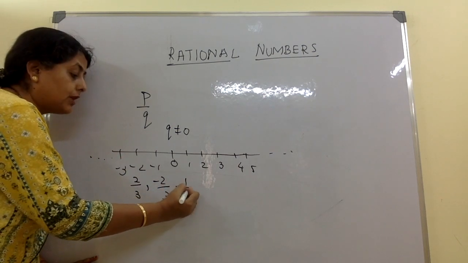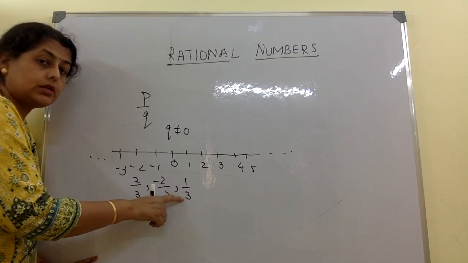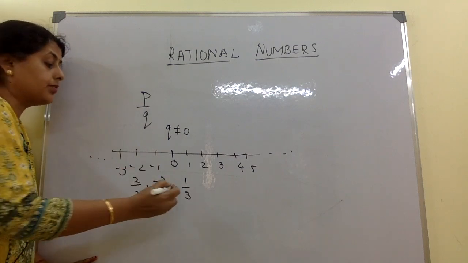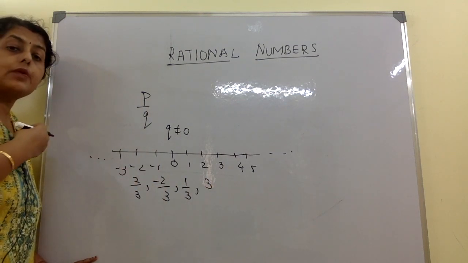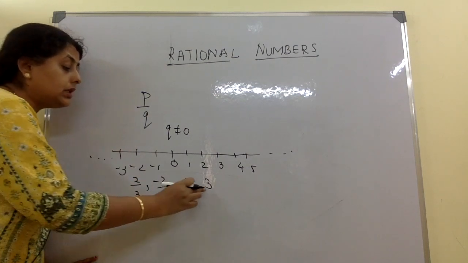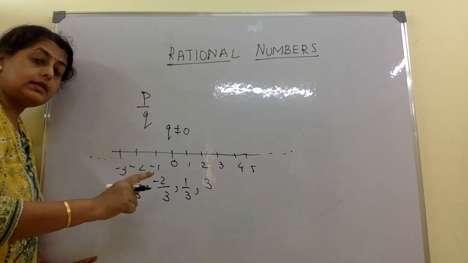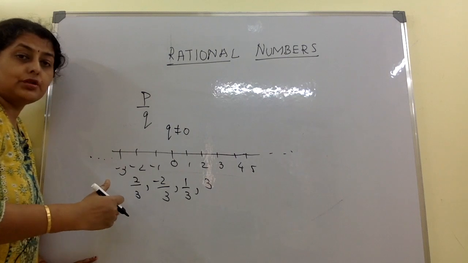If I take 1 by 3, yes, this is an integer, this is also an integer, so it's a rational number. If I take only 3, then is it a rational number or not? Yes, it is a rational number once again.